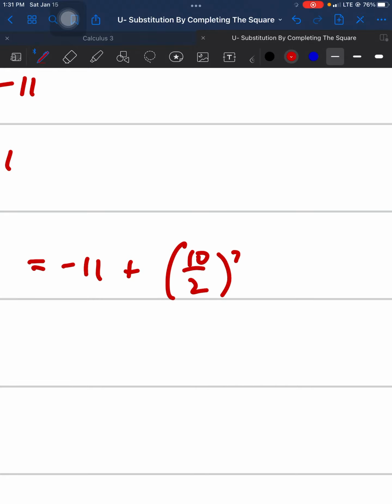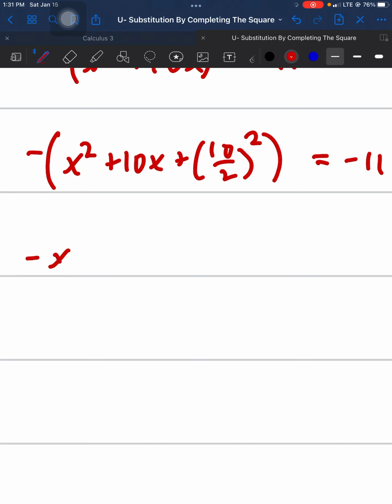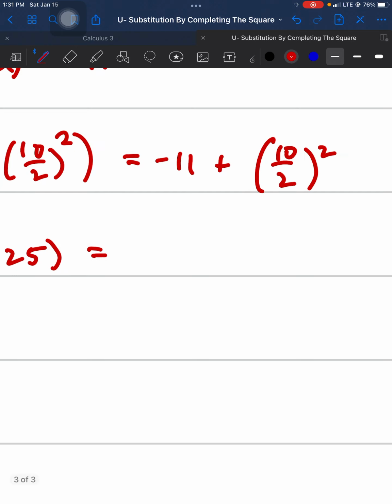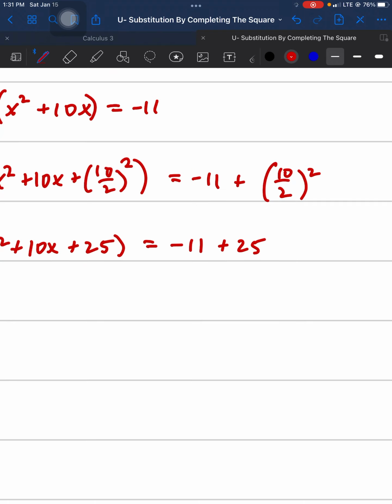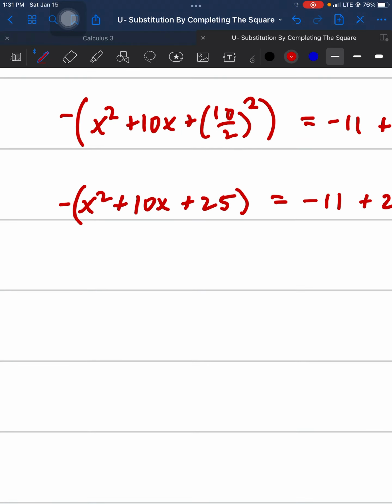So let's add that to the other side, 10 over 2 squared. When you simplify this, we get x squared plus 10x plus, 10 divided by 2 is 5, squared is 25, equals negative 11 plus 25.